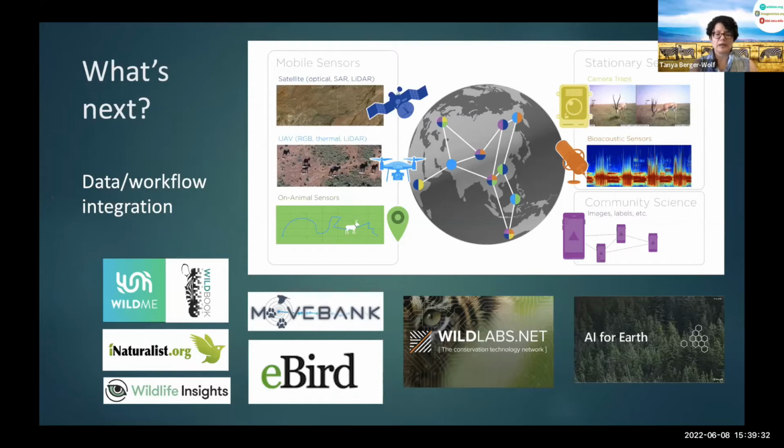For example, with WildMe and Wildlife Insights we've been in conversations about connecting the platforms, so that you don't have to re-enter data from one platform to another, but the analysis can be used between the platforms. Similarly, maybe connecting iNaturalist, eBird, and so on, so we can start building up global data sets with global context of multiple species, and that really reflect what is happening out there in nature.